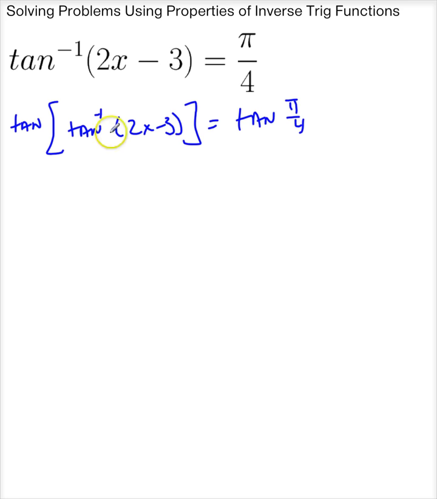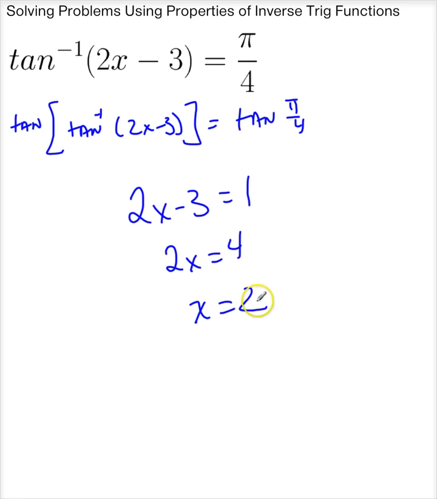Now these are inverses, so this leaves me with 2x minus 3, and the tangent of pi over 4 is of course 1. So it is straightforward to show that x is 2. So the inverse tangent of 2x minus 3 equals pi over 4 has a solution of x equals 2.